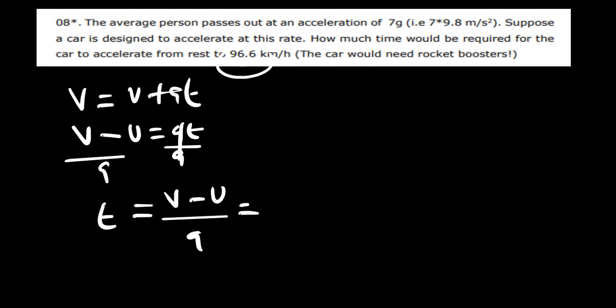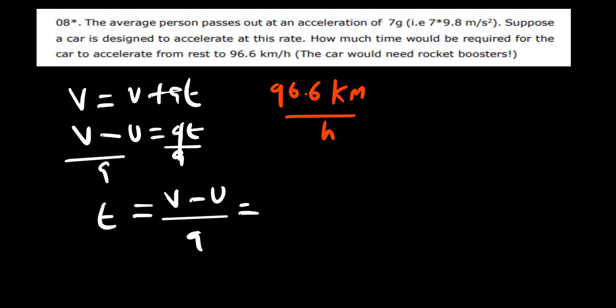So this is the final velocity, because starting from rest, the initial velocity will be 0. So let's find the final velocity. Now we've been given 96.6 kilometers per hour.